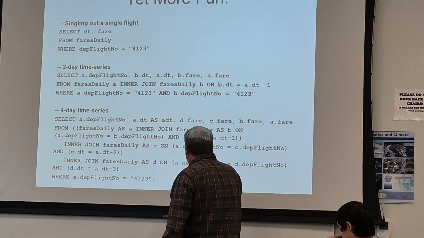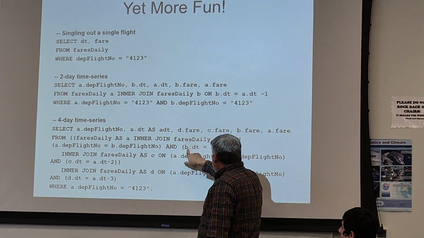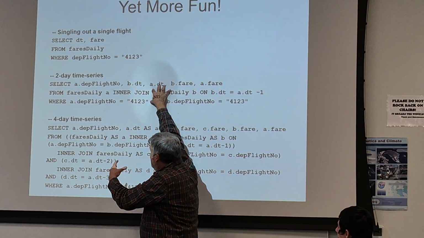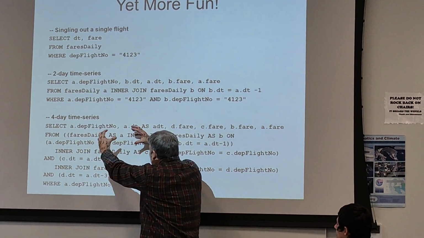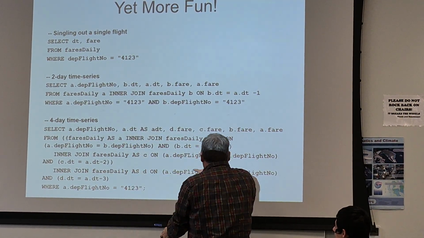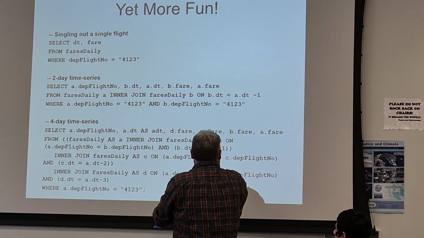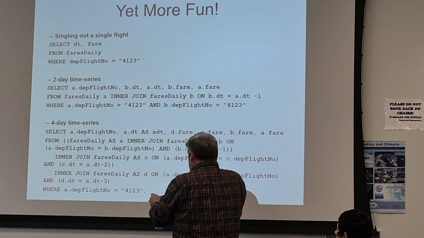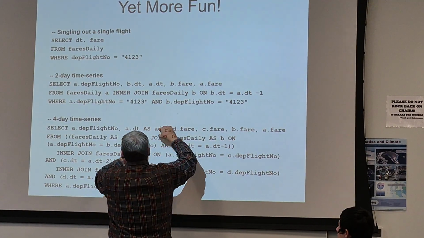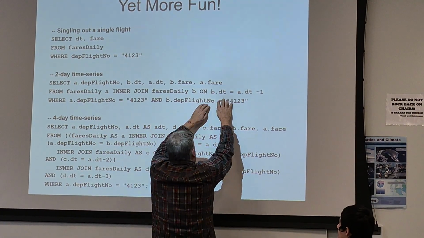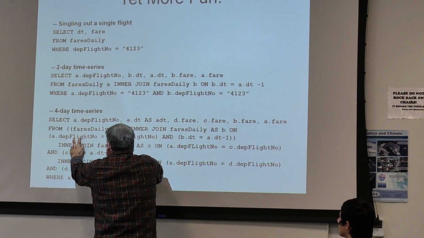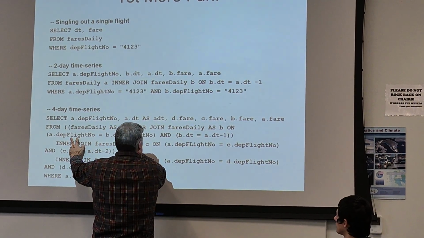And then this is a joined table. You saw a copy of that up here. That table is being joined. I'm actually doing this a little bit differently than here, because I'm also saying b.date is equal to a.date minus 1, and a.flight number is equal to b.flight number.